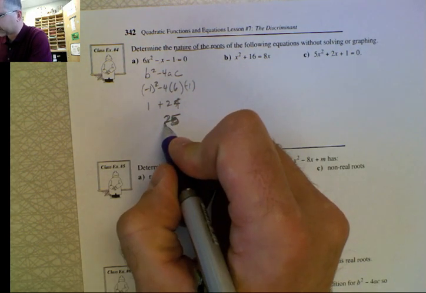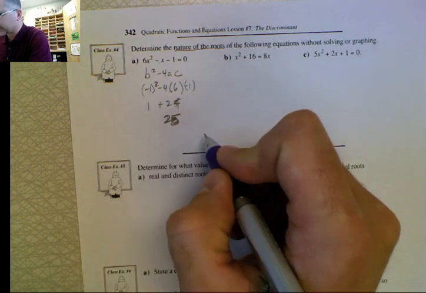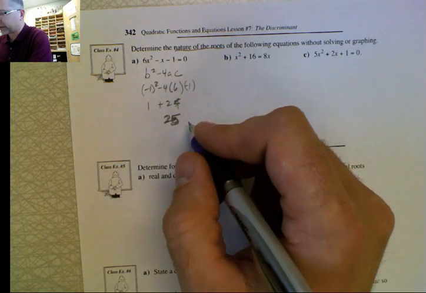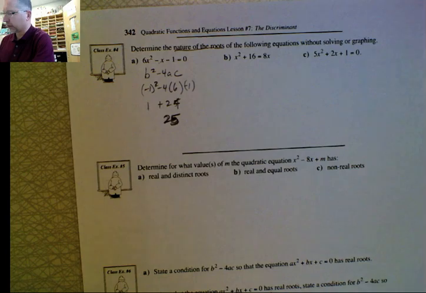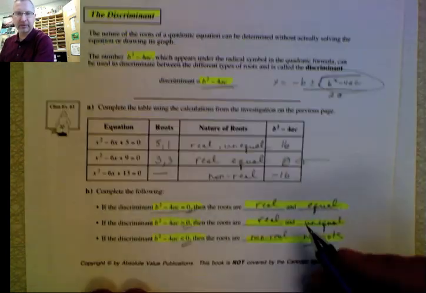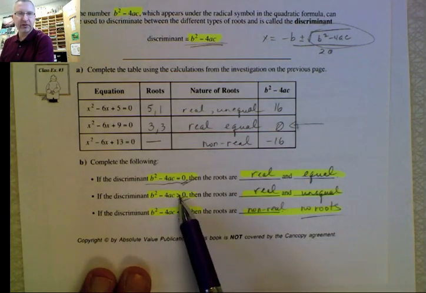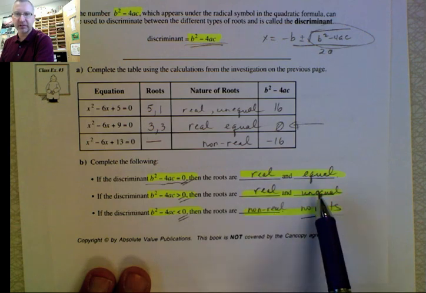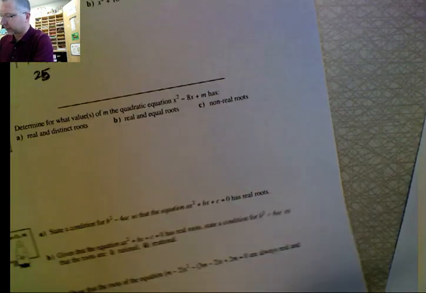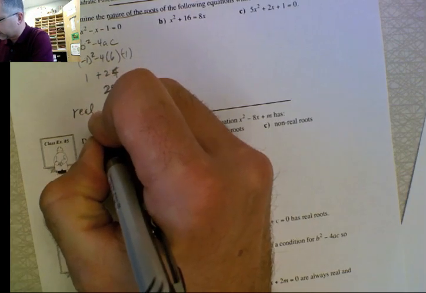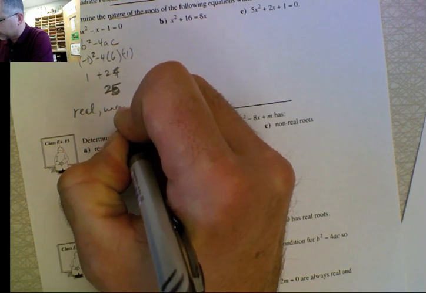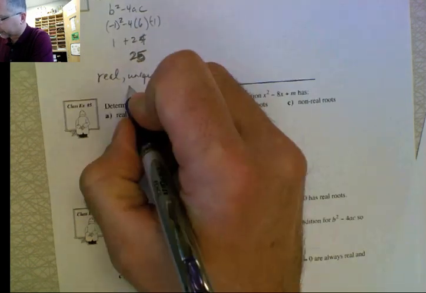So this is a value that's greater than 0. And if you have a value that's greater than 0, if we go back to our table, values that are greater than 0 have real roots and they're unequal. So we just say we have real, unequal roots.